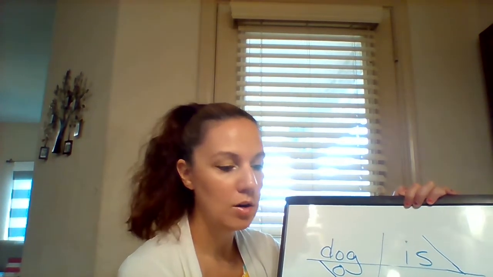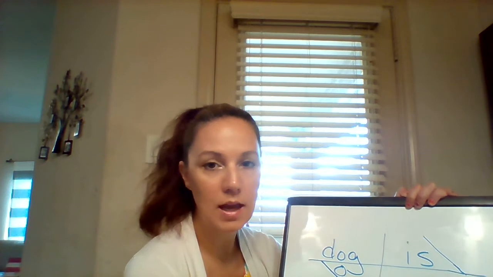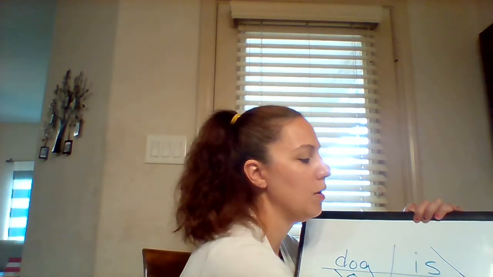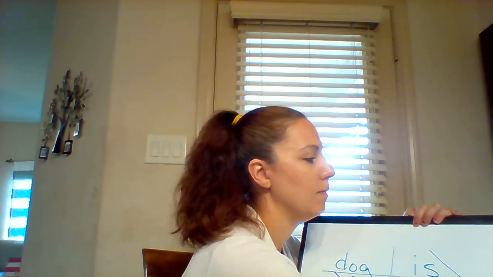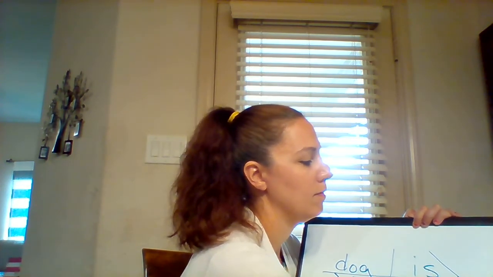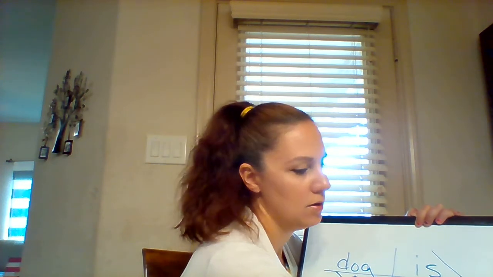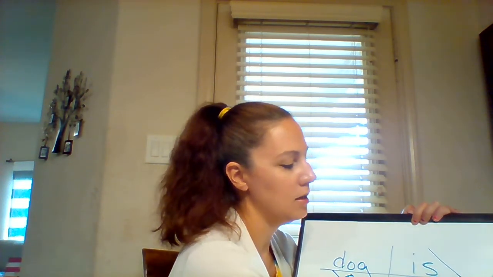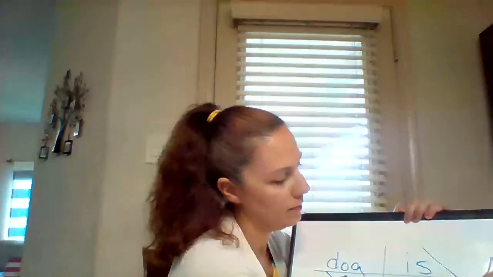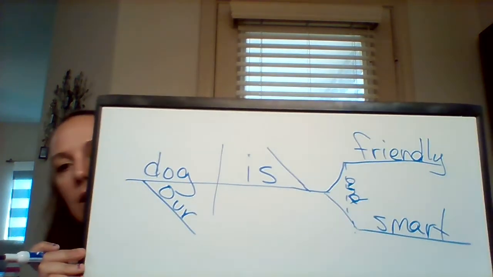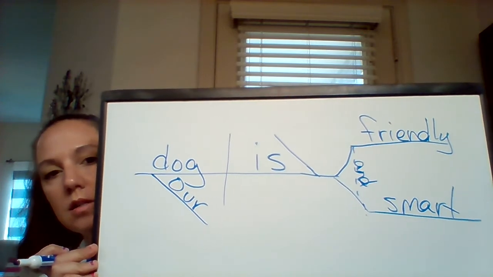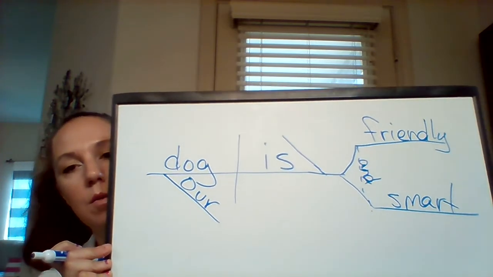Okay? Our dog is what? Friendly and smart. So I'm going to split apart those two things. Friendly and smart. And then and is going to split them apart. Okay? So it's the same thing we kind of did last week. It's just splitting apart two lines when it's compound.